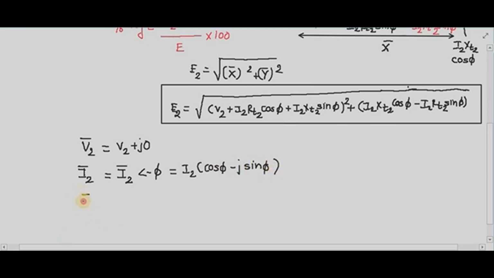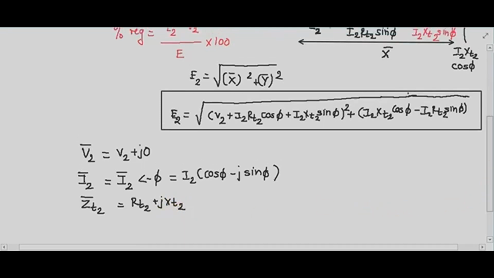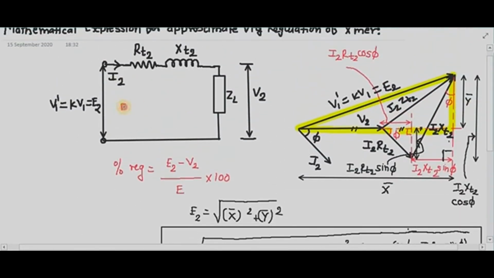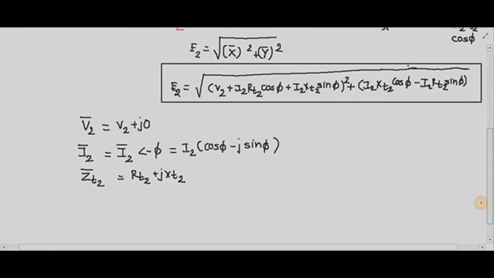Now, what is ZT2? ZT2 is nothing but RT2 plus j XT2. So what is E2 from this? E2 is equal to V2 plus I2 ZT2. So just put the values of all these quantities.